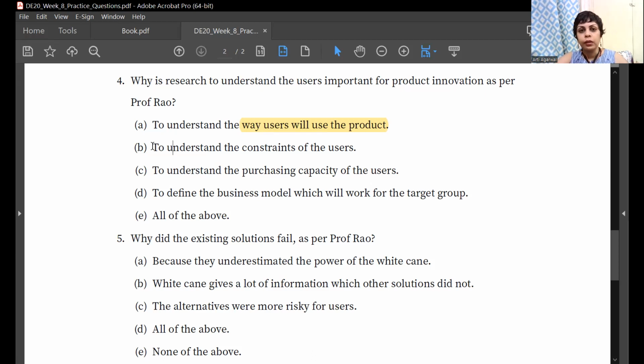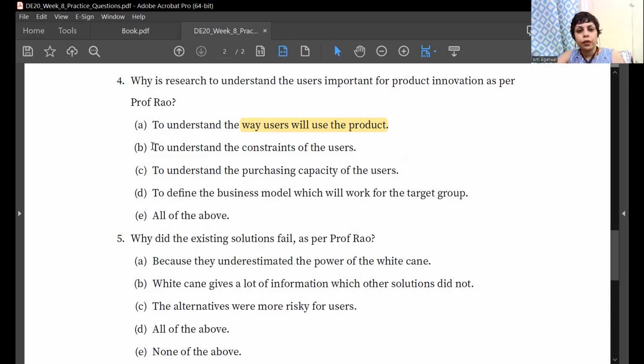Or they're not able to go into some aisle where there is less space for them to walk, things like that. So this may not be directly related to usage of the cane, but these are some of the constraints people have in their lives.